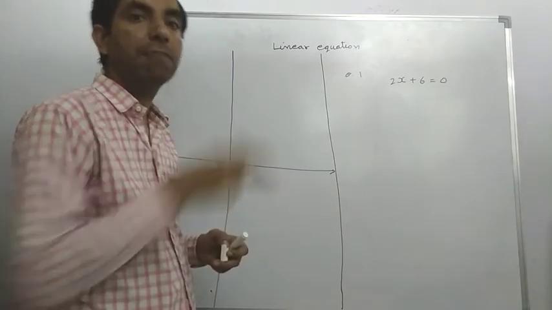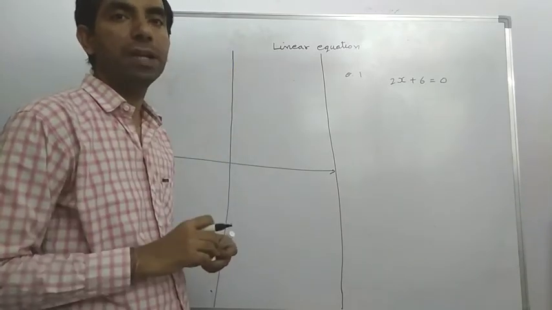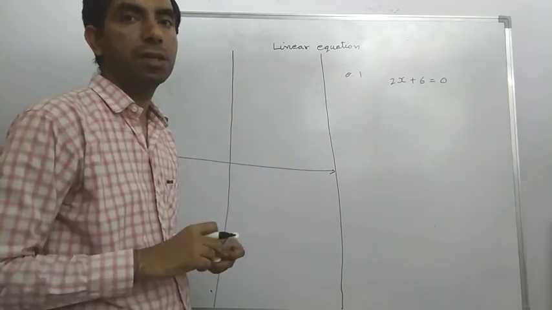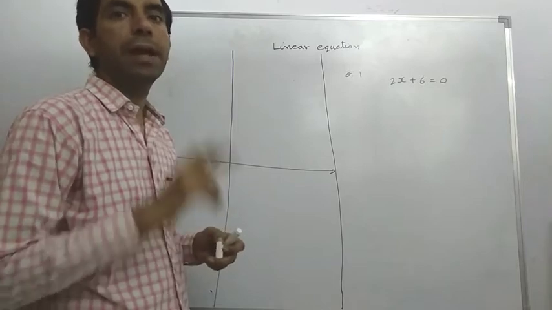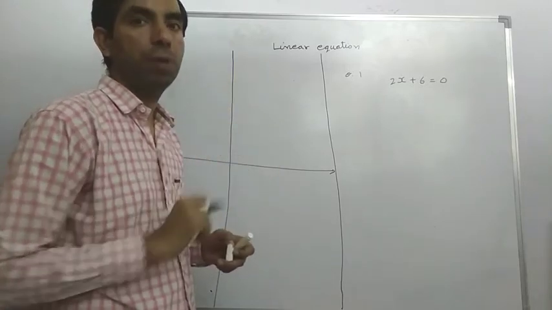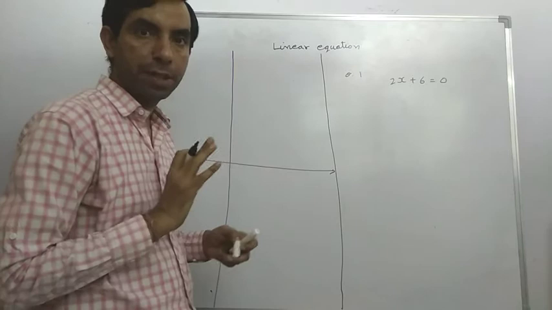I am again repeating that the y-axis value is called the ordinate, the intersection point is called the origin, and the x-axis value is the abscissa. In combination, abscissa and ordinate are called coordinates, which represent the point.